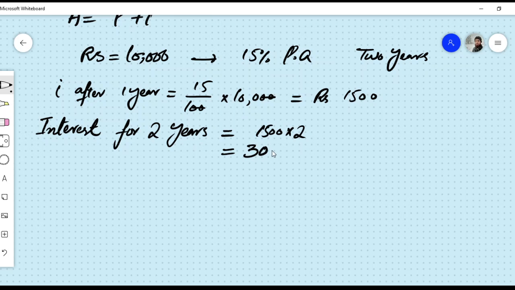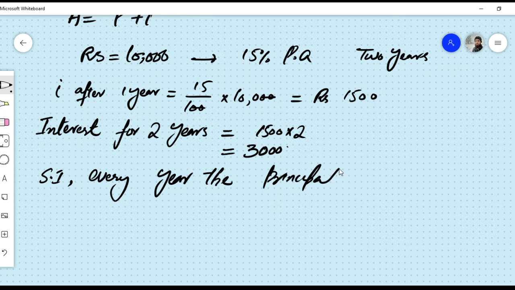It is 3000. So the interesting fact here for simple interest is that every year the principal amount P remains the same.